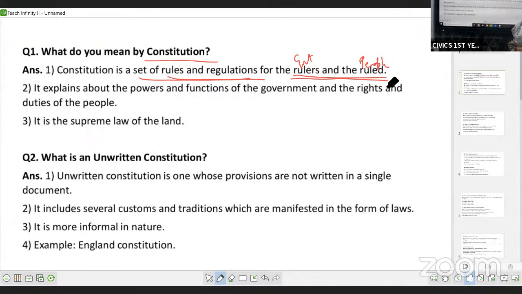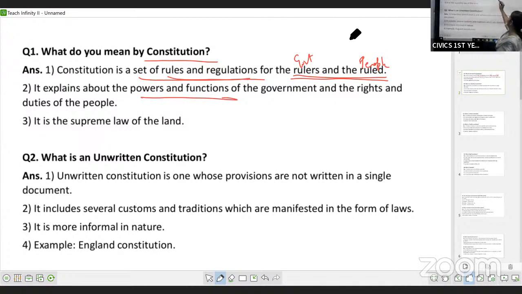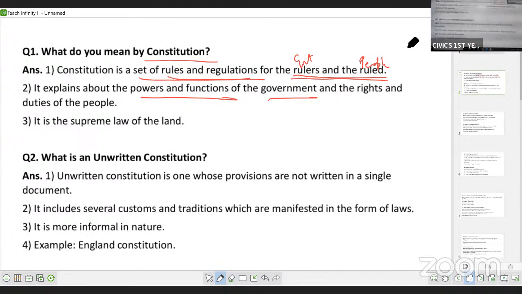How government should function, how government should make laws, all that is mentioned in the Constitution. So Constitution explains the powers and functions of the government. And the rights and duties of the citizens are mentioned in the Constitution.